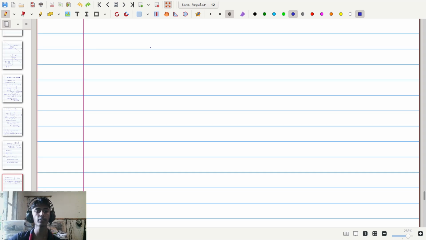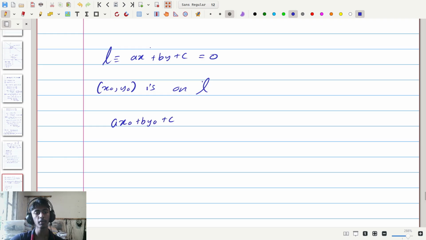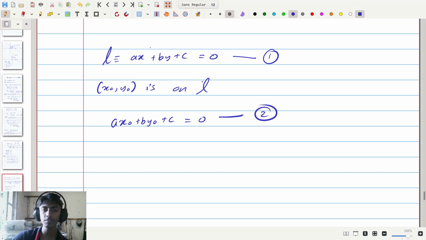So let's say we have the line L, which is given by ax plus by plus c equals 0. And let's suppose that the point x0, y0 is on L. Given this, we also know that ax0 plus by0 plus c is equal to 0. So we know that for any general x and y, this is the case, and for the specific x and y, it's also the case.